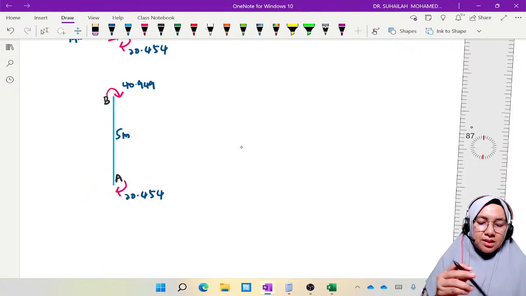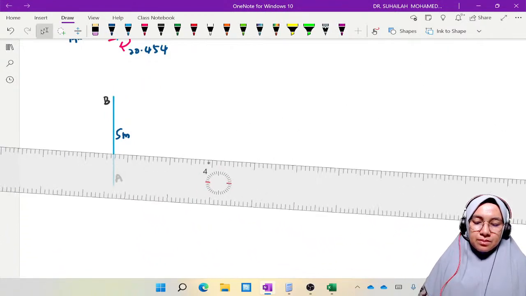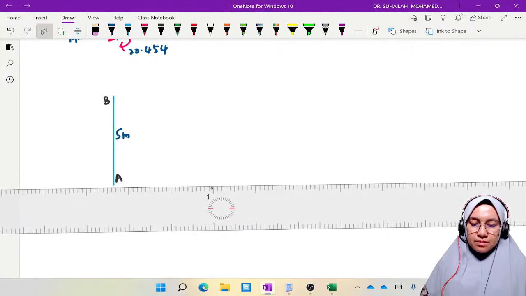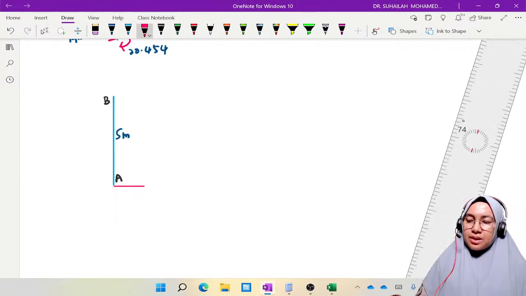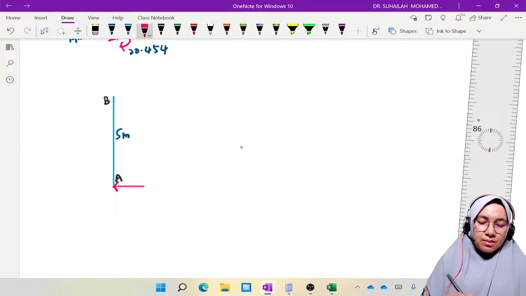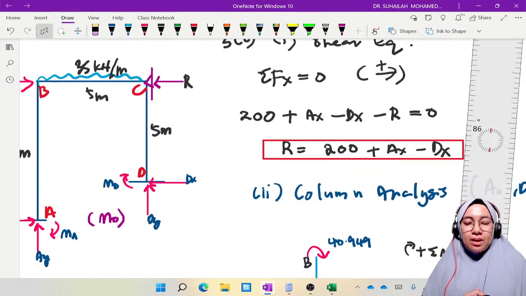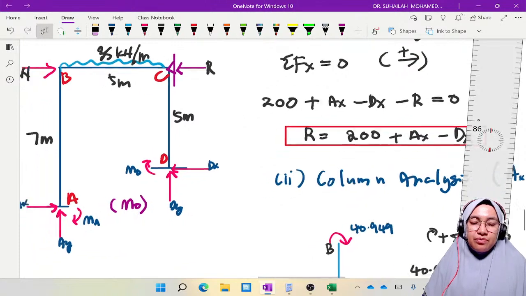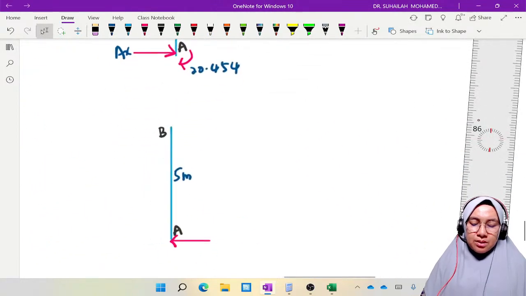DX is in opposite direction. This is the DX direction. We refer to this diagram, because we write the shear equation based on this diagram, so we have to refer to this one.